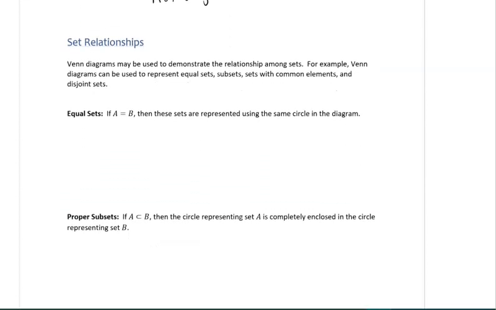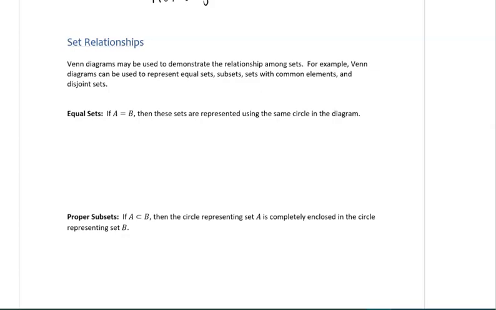Set relationships. As I mentioned, Venn diagrams may be used to demonstrate the relationship among sets. For example, Venn diagrams can be used to represent equal sets, subsets, sets with common elements, and disjoint sets. So let's talk about equal sets first of all.